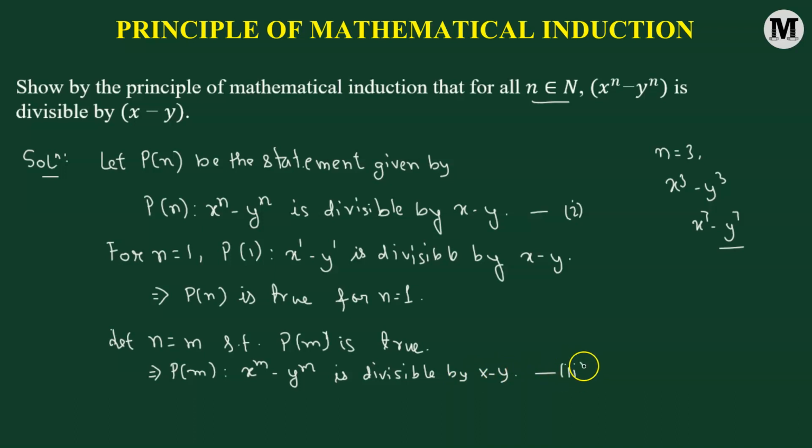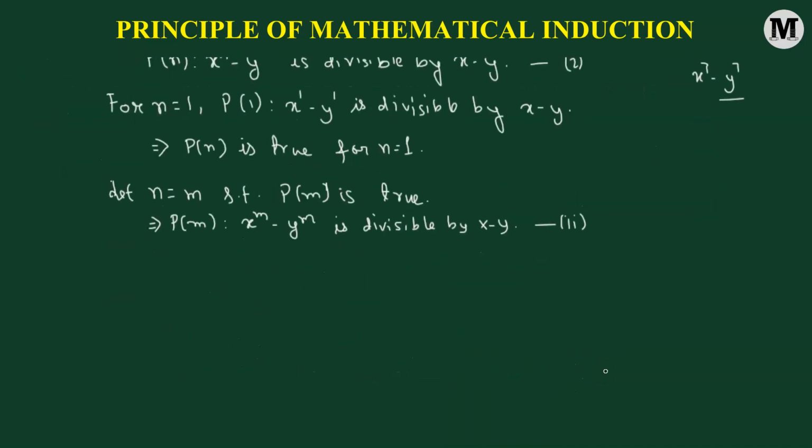So we are considering that this is a true statement. Now, if this is a true statement, then it must also be true that p of m plus 1 is true. That means we're going to consider the next consecutive natural number after m.